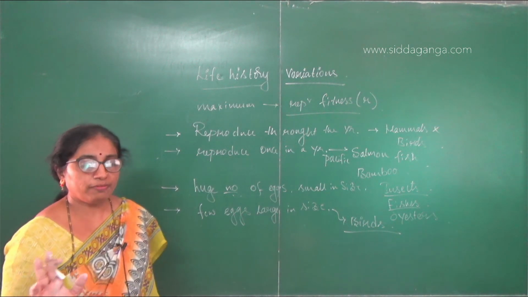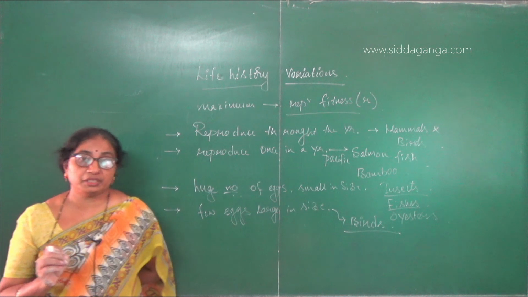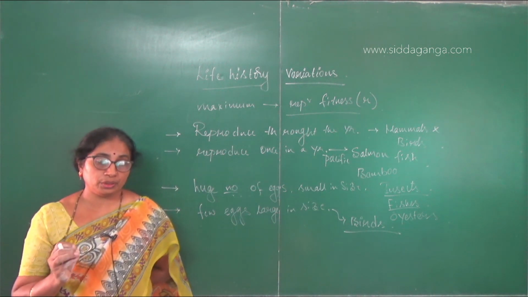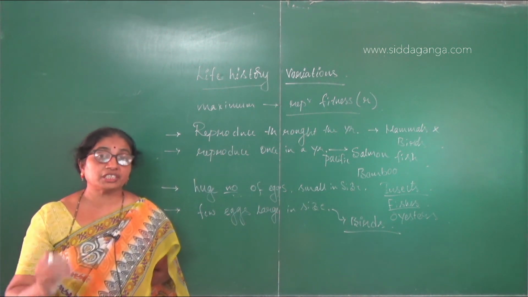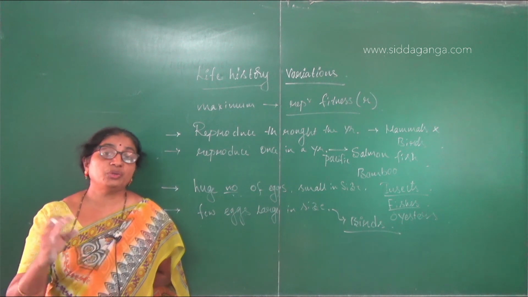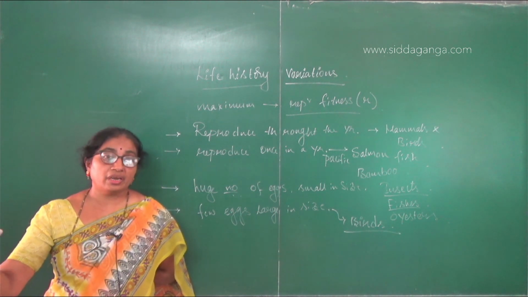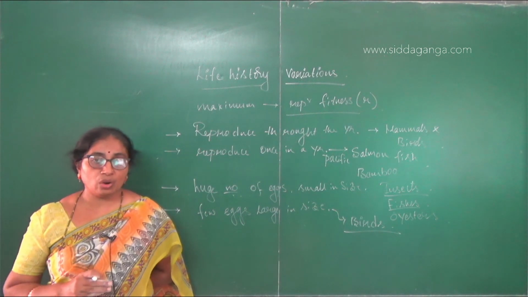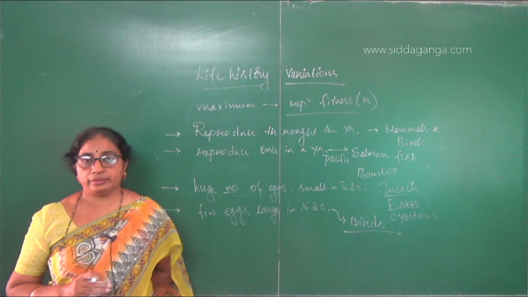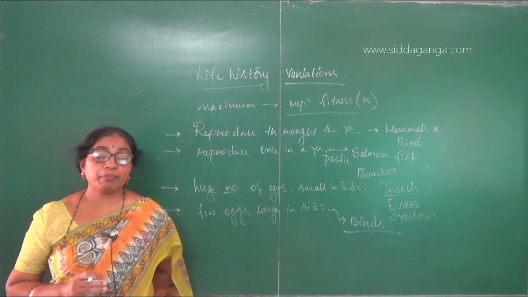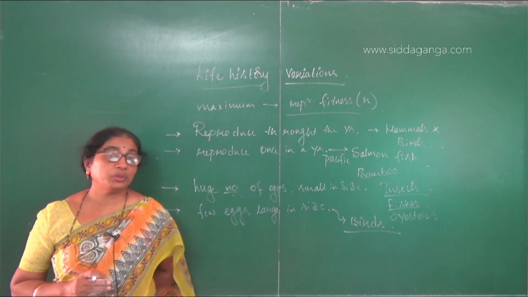The overall view is that every organism tends to live successfully in its habitat and to reproduce, so that it can continue its progeny on this Earth, which is nothing but reproductive fitness according to Darwin.